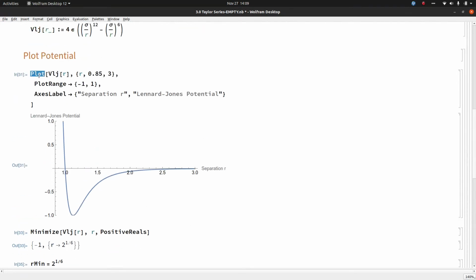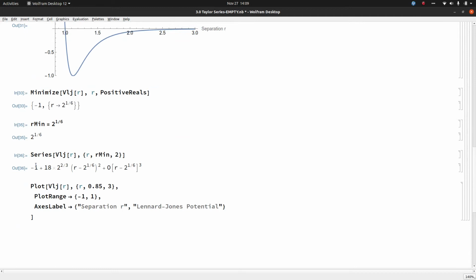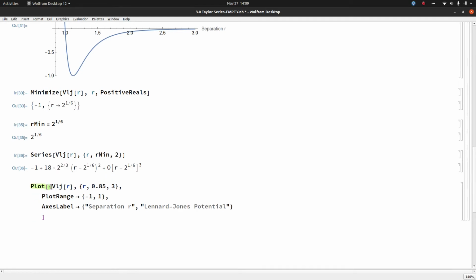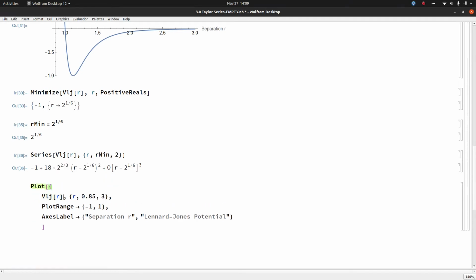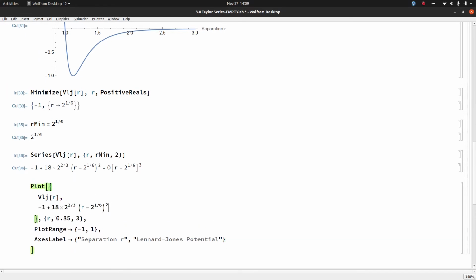So let me just plot that second order series expansion along with that. I'm just going to copy everything up to the higher order terms here. We'll plot the original potential, and we'll plot the approximation.